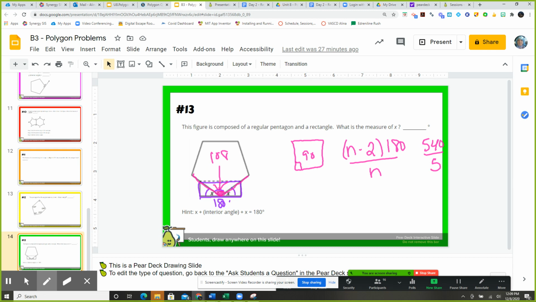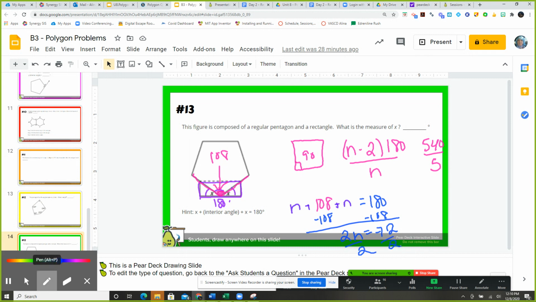So if the pink part is 108, and I know those 2 purple pieces are n and n, and I know they've got a total 180, how do I solve that equation? 36.